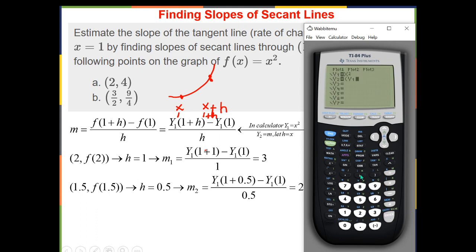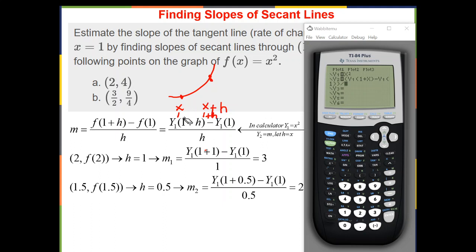Then I'm going to put 1 plus, now instead of h, I'm going to put x. So I'm going to put x, and then minus y1 again, and then 1, parentheses close, divided by what would be x plus h minus x, which is h.